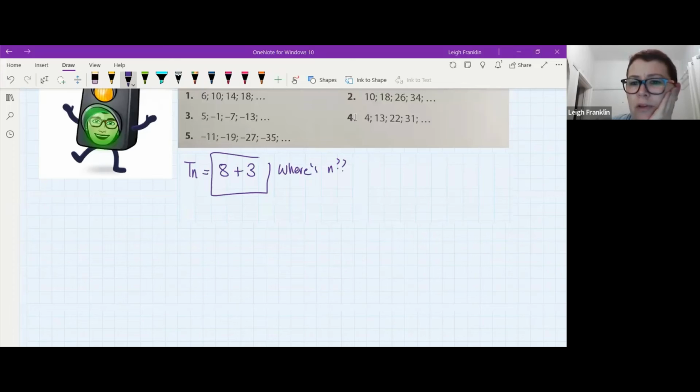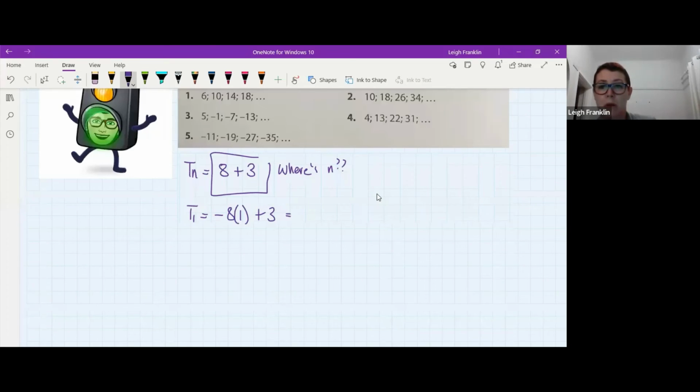So something's gone. Indanako is saying for term 1, let's have a look at this. Indanako says -8 times 1 plus 3. So Indanako, if you take a number like 1 and you times it by -8 and plus 3, are you going to get -11?